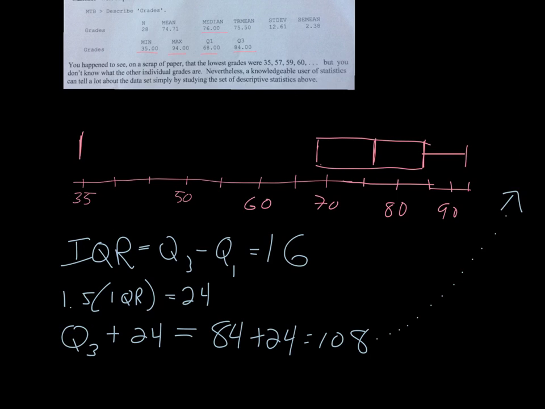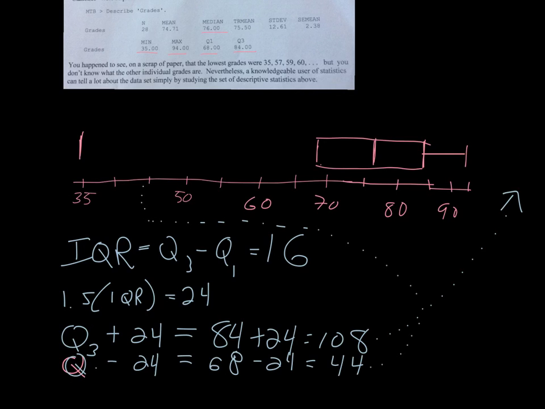I also then have to take Q1, go back to blue, minus 24. So my Q1 again is 68, minus 24, is 44. And then I take that number and I notice, wait a second, right about there is 44.